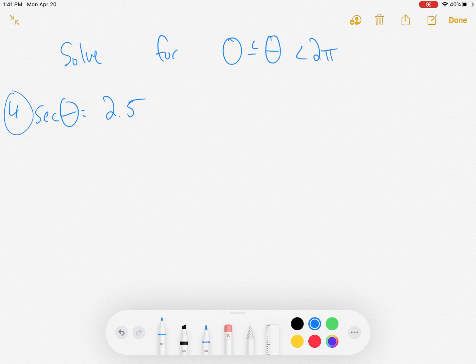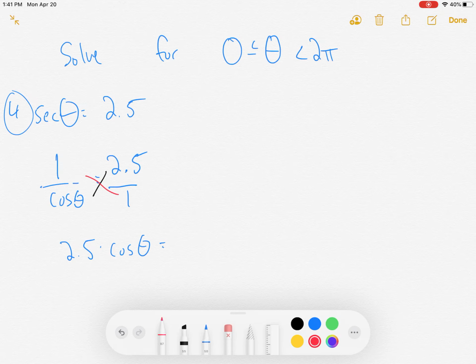Okay, so now we need to realize that we have secant right now. We're not really comfortable working with secant, so why don't we rewrite that as 1 over cosine of theta equals 2.5. Now, this looks goofy because I have a fraction and it equals a whole number. So why don't I put this over 1, cross multiply, and then get my theta by itself.